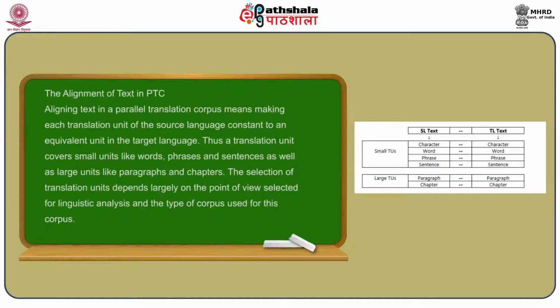Thus, a translation unit covers small units like words, phrases, and sentences, as well as large units like paragraphs and chapters. However, the selection of translation units depends largely on the point of view selected for linguistic analysis and the type of corpus used for this purpose.